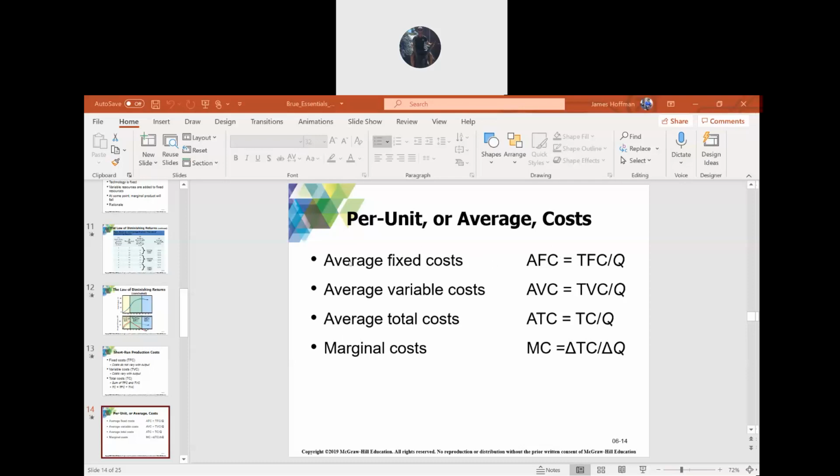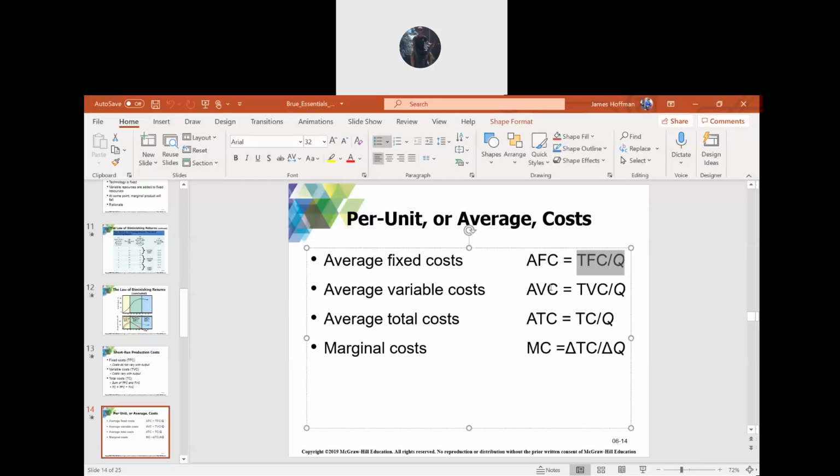Average fixed cost is just the total fixed cost divided by output, or Q. Q is output. So if total fixed cost is 100 and you produce 10, then your average fixed cost is 10.